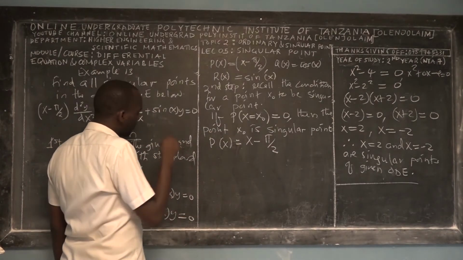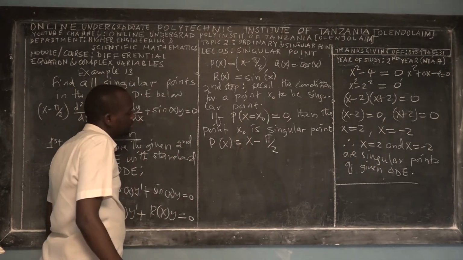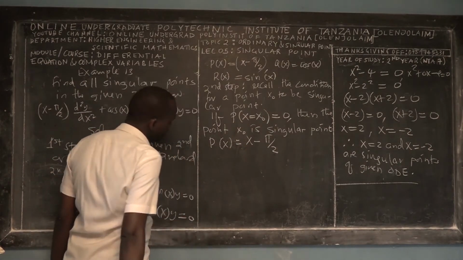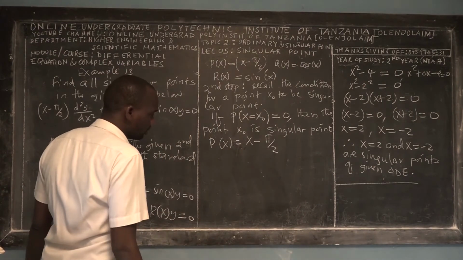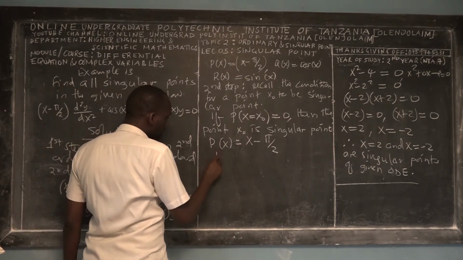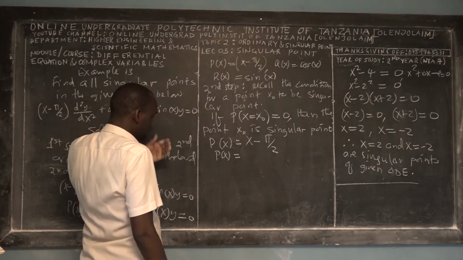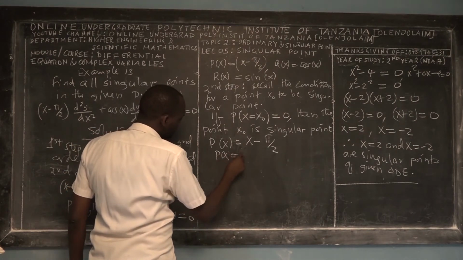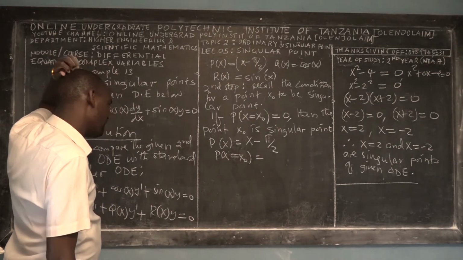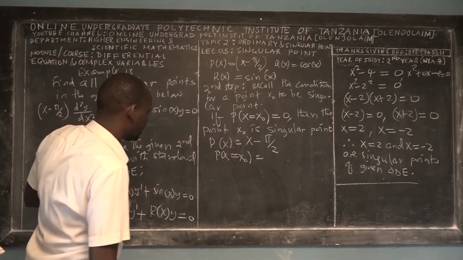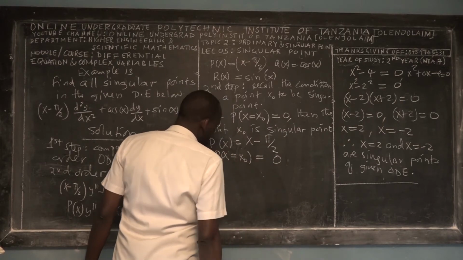The distinction between singular and ordinary points is that for a singular point, when we substitute the point, p of x gives us 0.